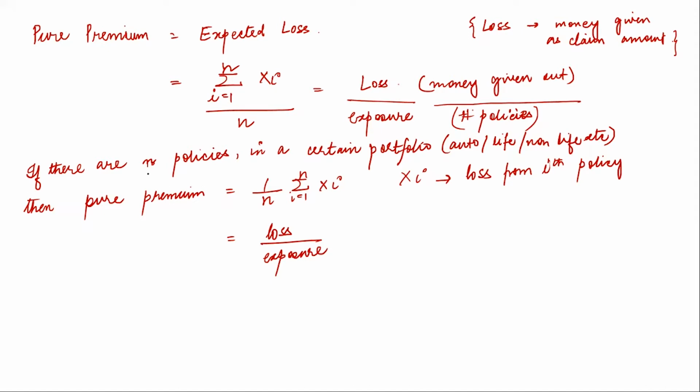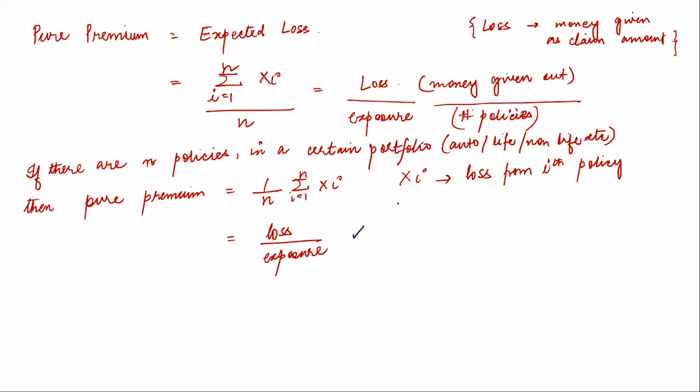So if there are n policies in a certain portfolio, it can be auto, life, non-life, etc., then pure premium is basically 1 by n summation of xi, where xi is the loss from the ith policy. Any kind of insurance.